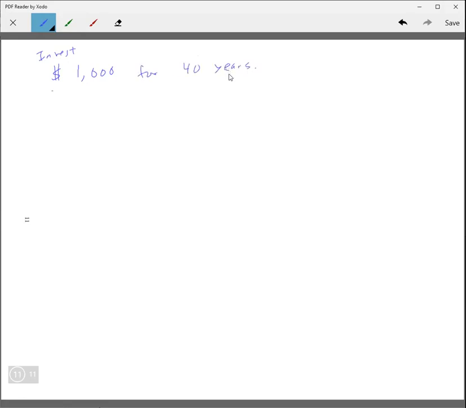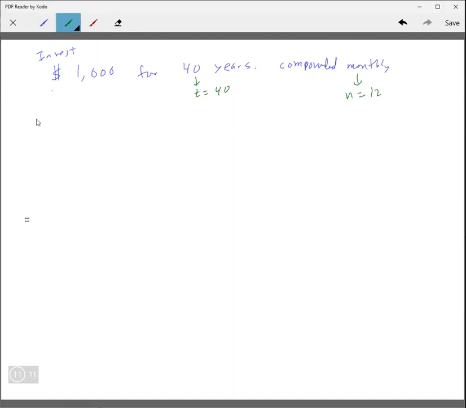I just wanted to show you what happens when you do this. And let's say it's compounded monthly. So when we identify everything, T is going to be 40, and N is going to be 12, because compounded monthly means 12 times. There's 12 months in a year, so N is 12.